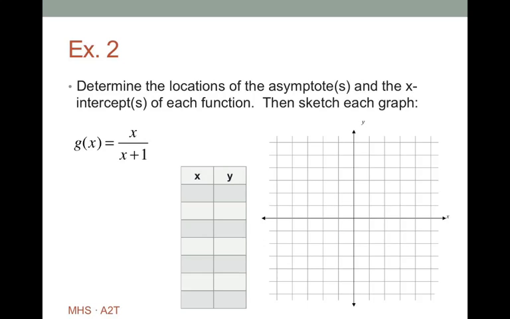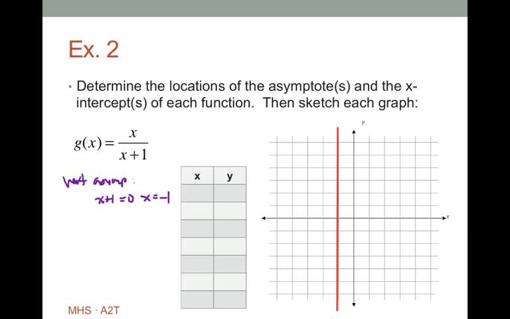Okay. Determine the locations of the asymptotes and the x-intercepts of each function, then sketch each graph. Okay, so start with the asymptotes. Again, we want to find the vertical asymptote. We look at the denominator, and we try to figure out what the zeros are. So I say x plus 1 equals 0, so x is equal to negative 1, and I can plot that asymptote.